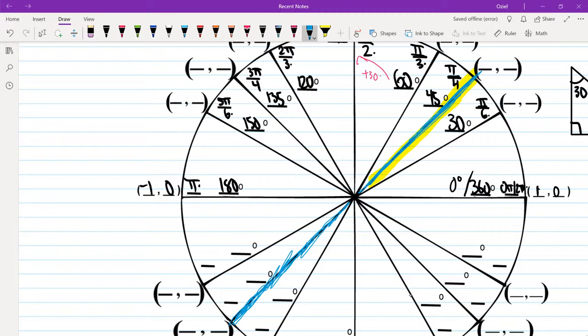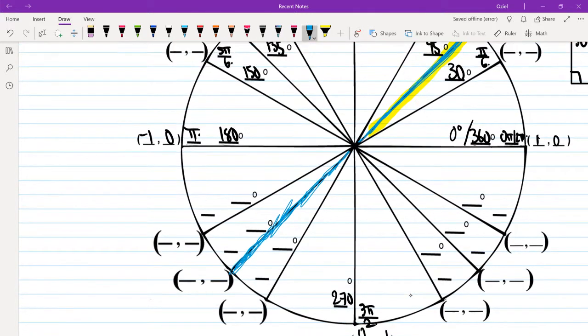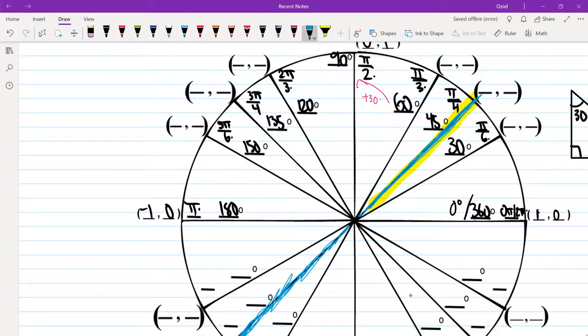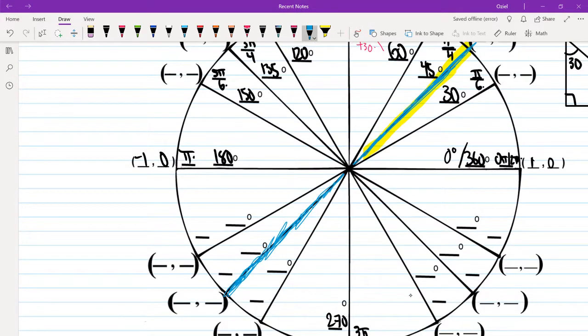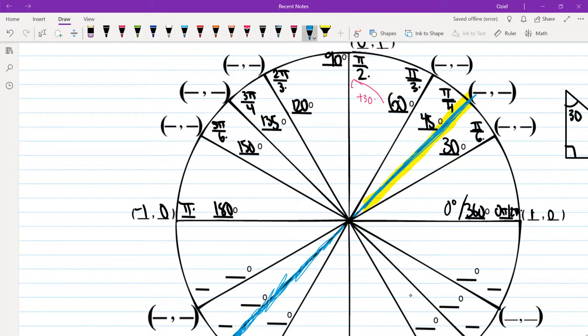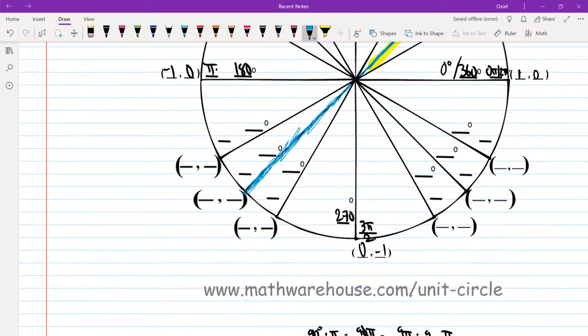So you would say 45 plus 180, I believe. But I don't want to be too sure about that, since I don't want to make any mistakes. So let me see, hold on.